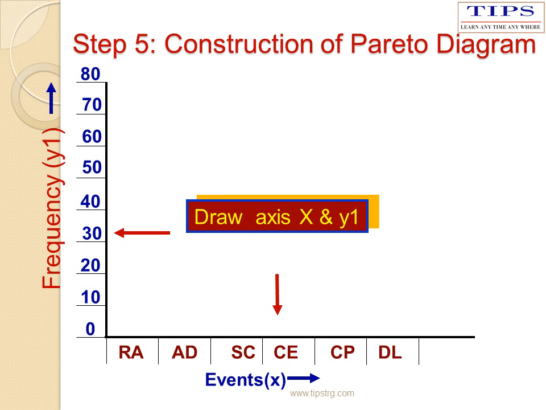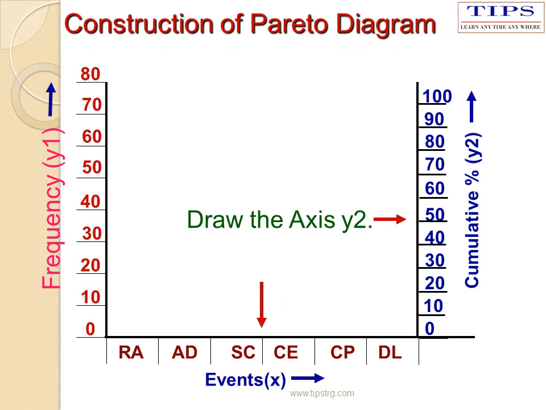Step 5. Construct the Pareto chart. First, draw the x-axis with events. Draw the y1 axis that represents the frequency of occurrence. Next, draw the y2 axis which will represent percentage cumulative.